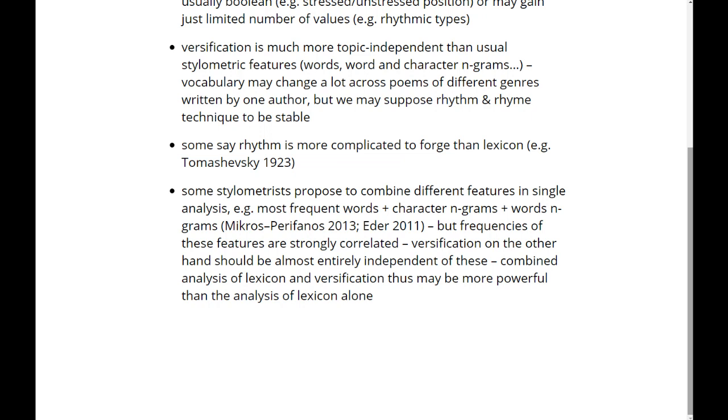And this brings us to my hypothesis that combined analysis of lexical features and versification may be more powerful than the analysis of lexical features themselves.